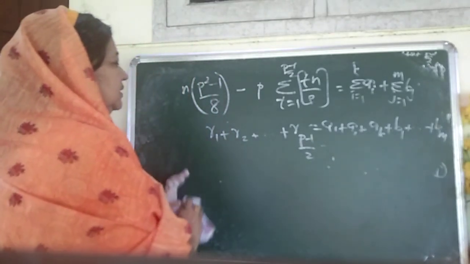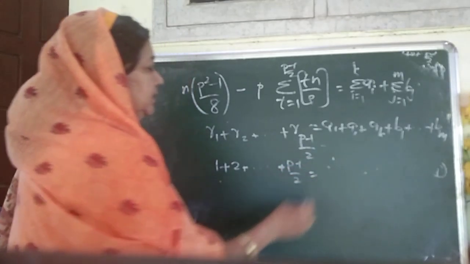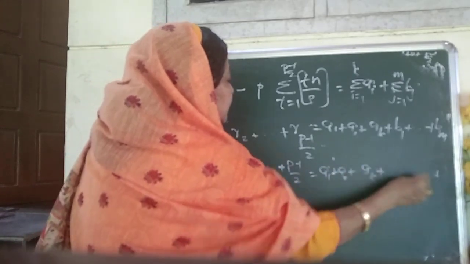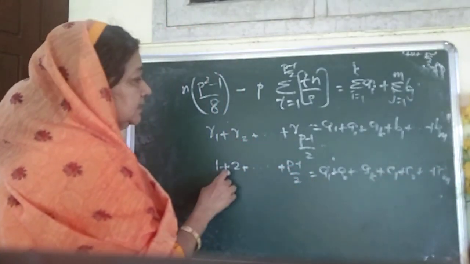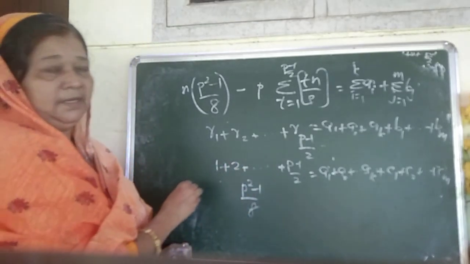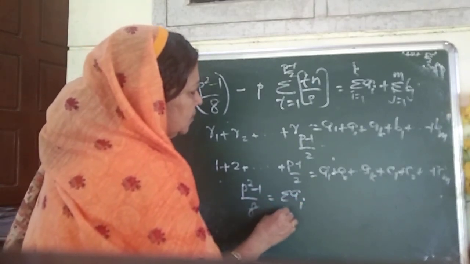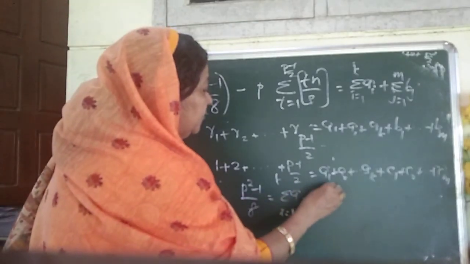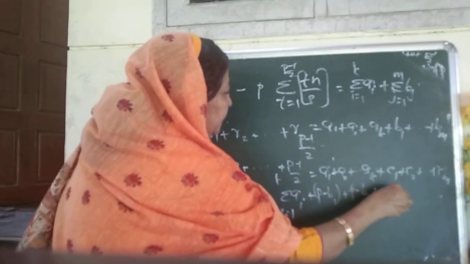Again, we can see that 1 plus 2 plus 3 plus etc. plus (p minus 1)/2 is equal to a1 plus a2 plus etc. plus ak plus c1 plus c2 plus etc. plus cm. That is 1 plus 2 plus 3 plus etc. plus (p minus 1)/2, which is (p square minus 1)/8, equal to sigma a_i for i equal to 1 to k plus c1. c1 is p minus b1, c2 is p minus b2, etc., p minus bm.